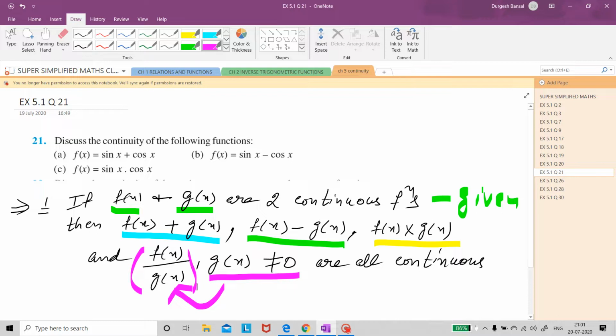Keeping this in mind, now we go to a part of the 21st question, which says f(x) is sin x plus cos x. So what will you write?